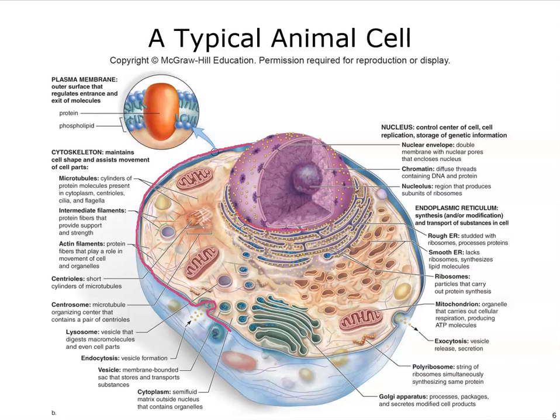Then we have here the core, the control center, which is going to be the nucleus and the nucleolus here. And the fluid matrix, this one, is the cytoplasm. It's containing fluid, which is called cytosol, and some organelles. We can see here a mitochondria, some vesicles, endoplasmic reticulum, and Golgi apparatus.